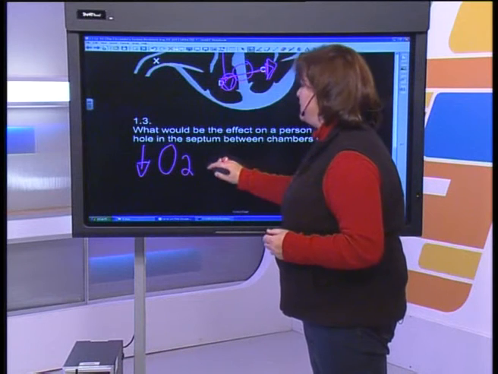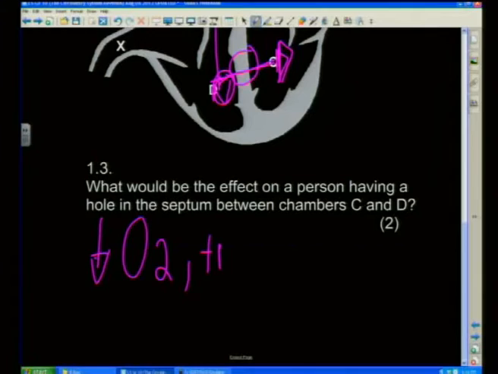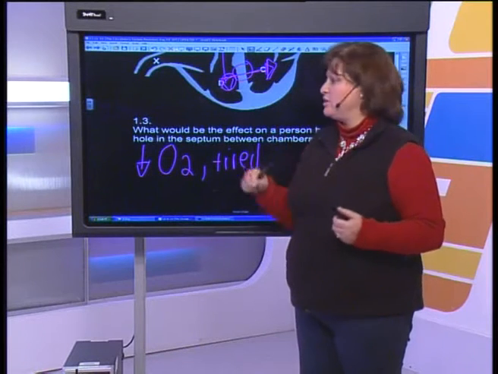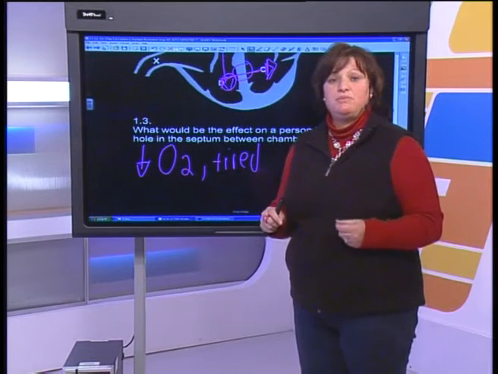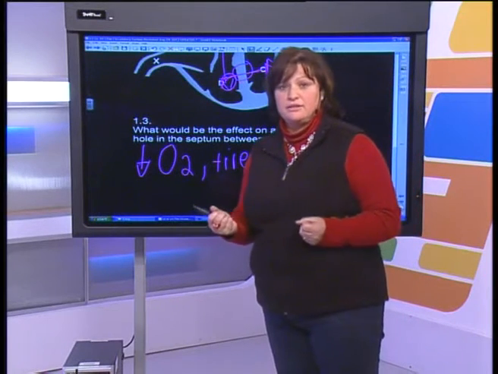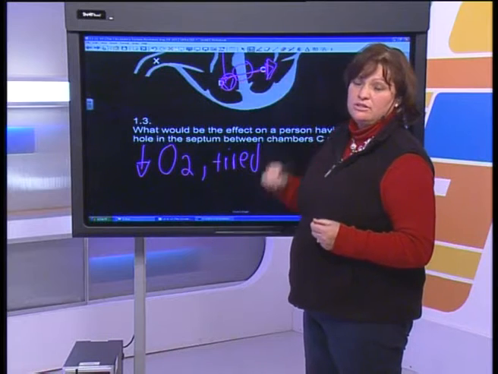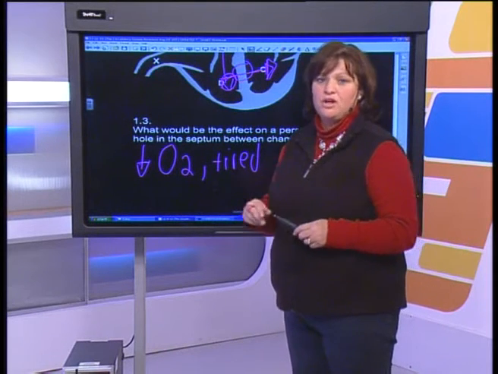You are going to feel tired and lethargic, because you haven't got enough energy. So they would want to fix that, because we don't want the deoxygenated blood going to the left-hand side of the heart.